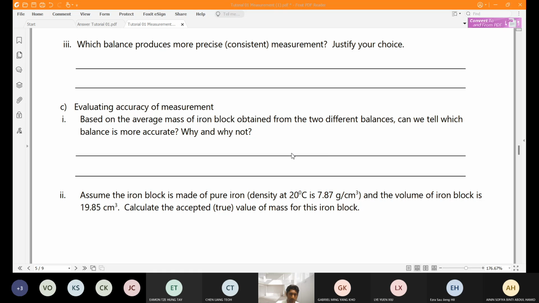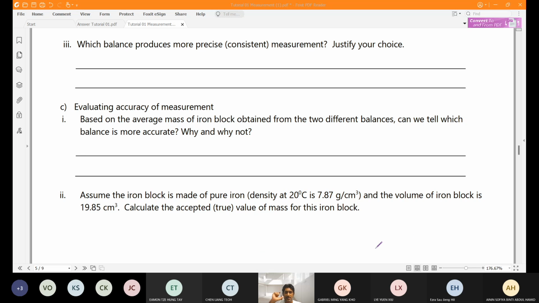Well, who else is here? Kishwan, you guys are there, right? So for what your vote will be, electronic or the triple beam? I understand that electronic balance, yeah, thank you.